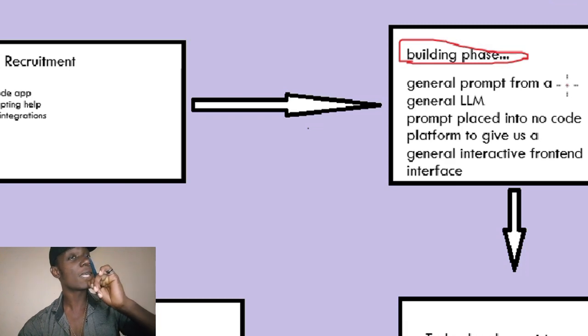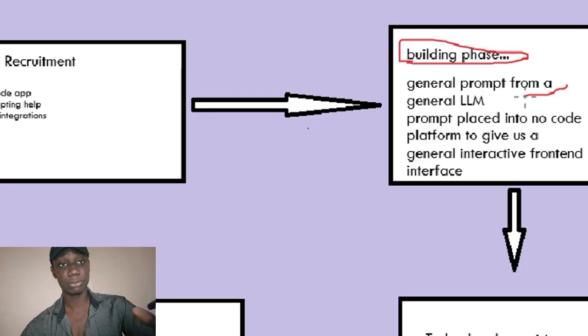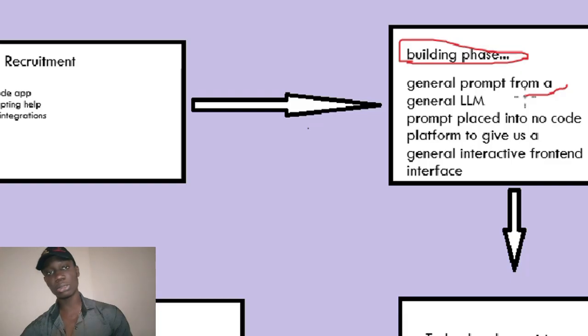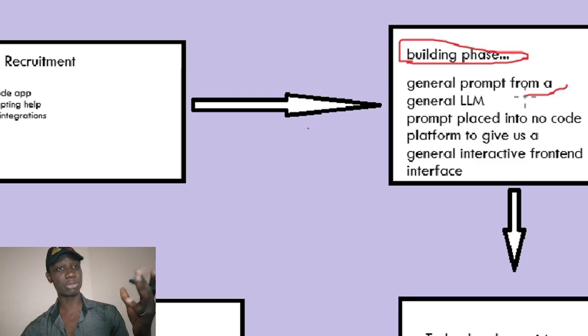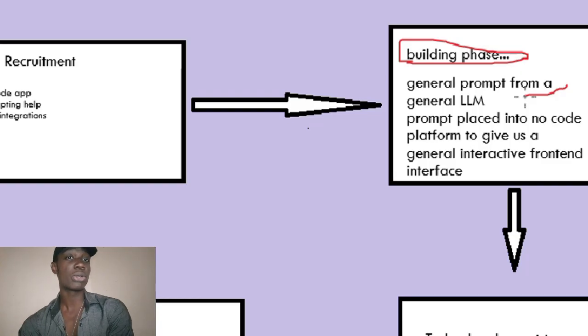So, what I do is that I get a general prompt from an LLM, a general LLM, that is ChatGPT. The secret to this is that you take the LLM, if it has voice recording. ChatGPT, you can record the voice, you can send it like a voice note, or you can have it transcribe your words.